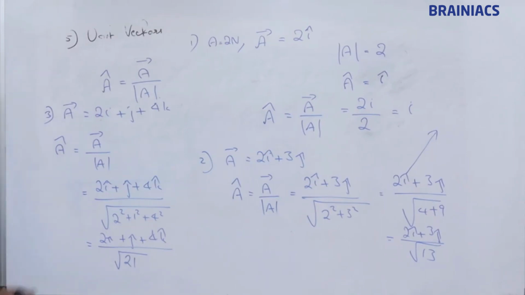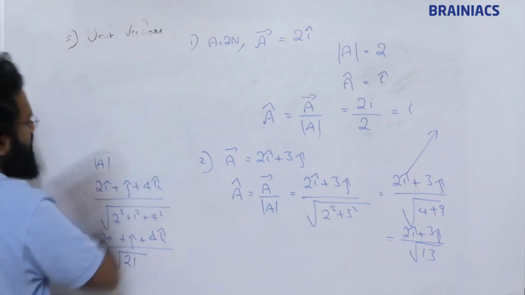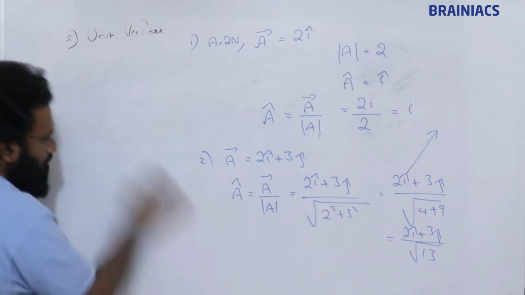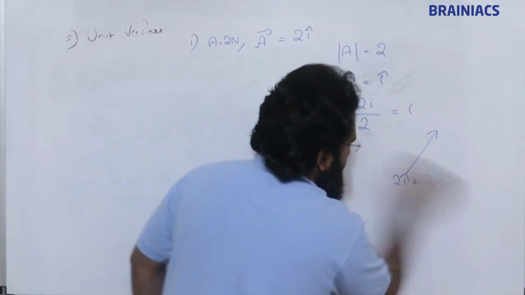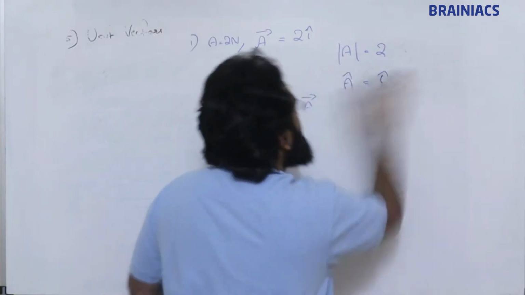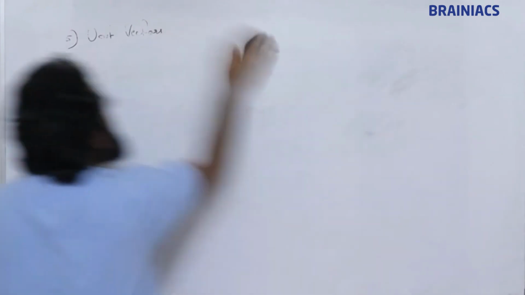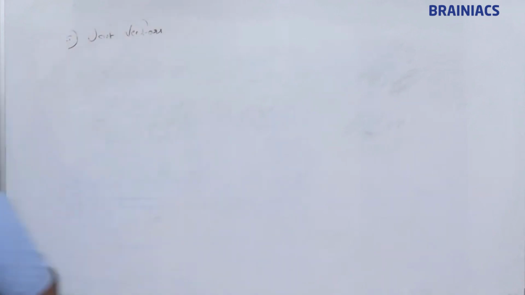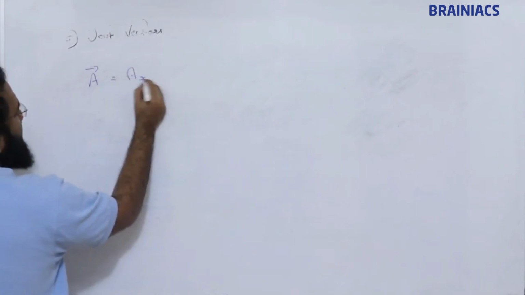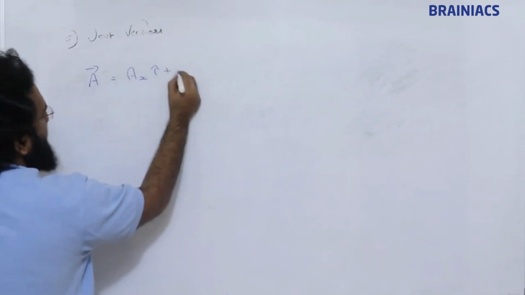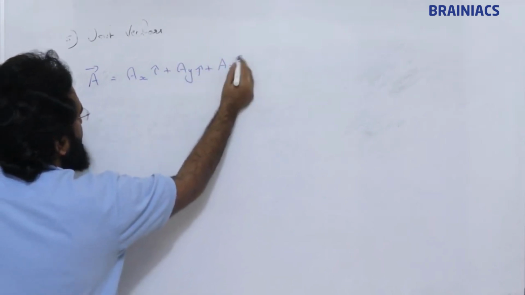Note it down. Suppose vector a is equal to, simply generalizing, Ax i plus Ay j plus Az k.